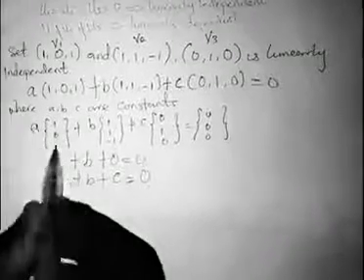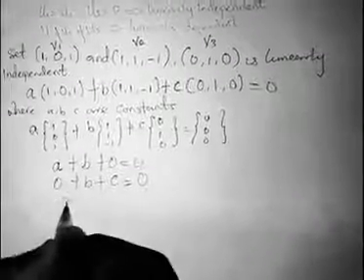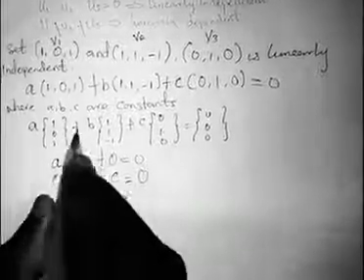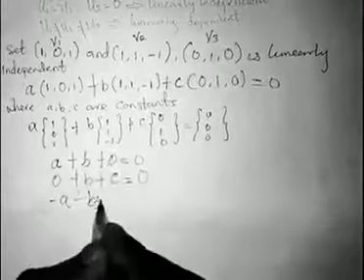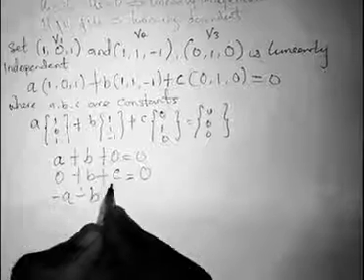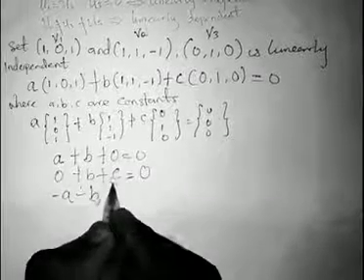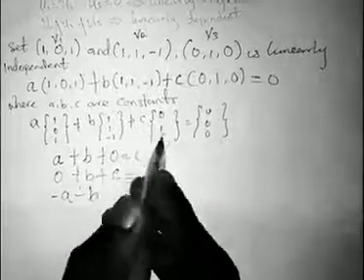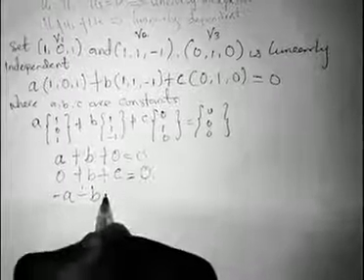The third one now. A times -1 is -a, plus b times -1 will give us -b, plus c times 0, which will give us 0.